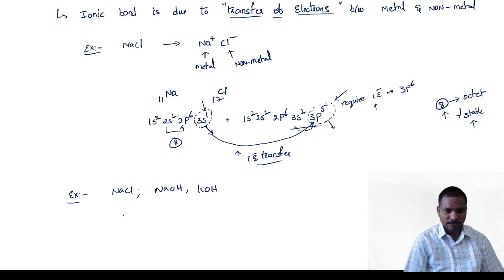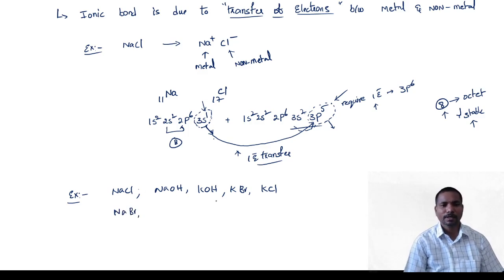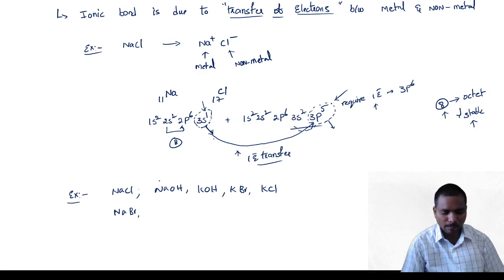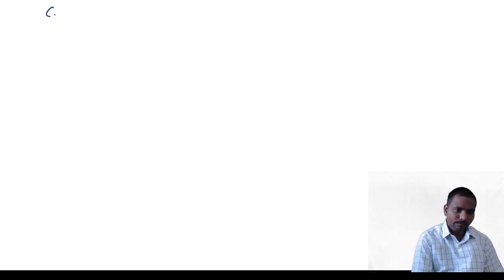For example, you can take calcium, or potassium bromide, potassium chloride, or sodium bromide. Like that, bonds between metals and non-metals belong to ionic bonds. Now coming to the next one, the second one, covalent bond.